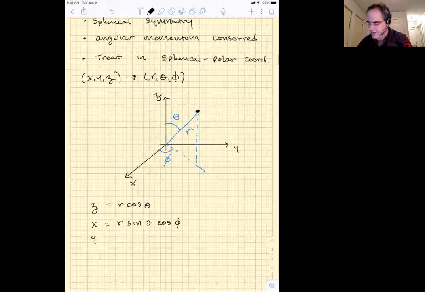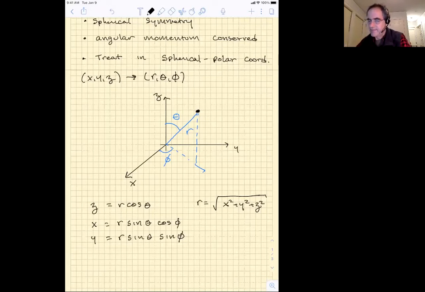And y turns out to be r sine theta sine phi. Okay? Where, of course, r is just given by the square root of x squared plus y squared plus z squared. Okay? So, spherical polar coordinates.